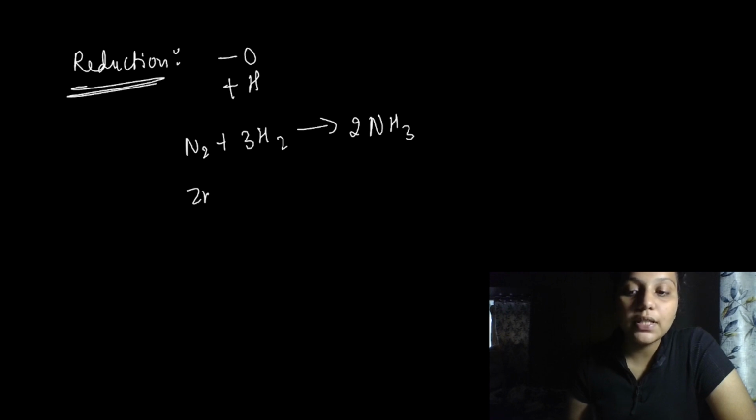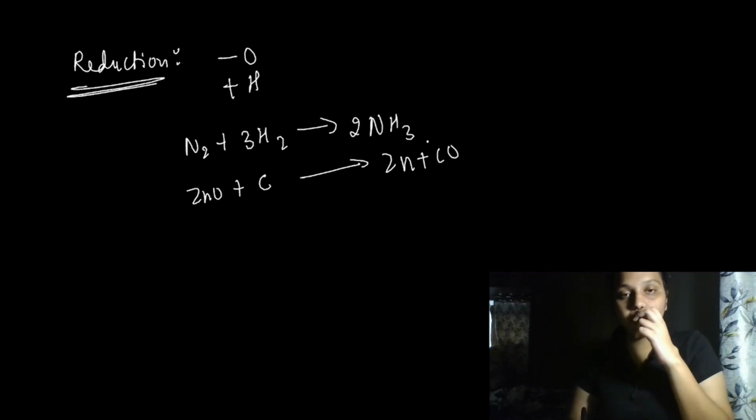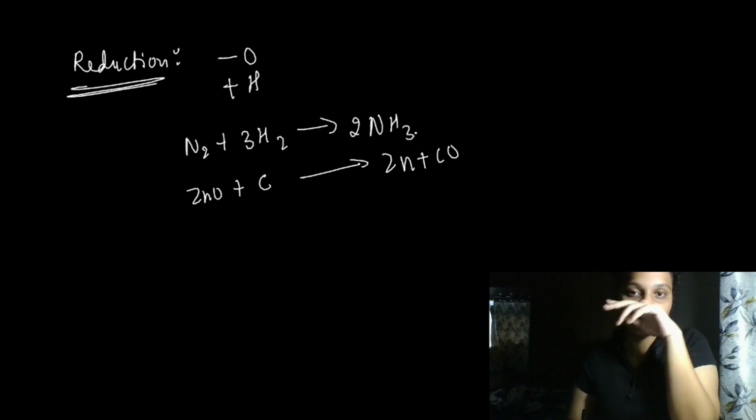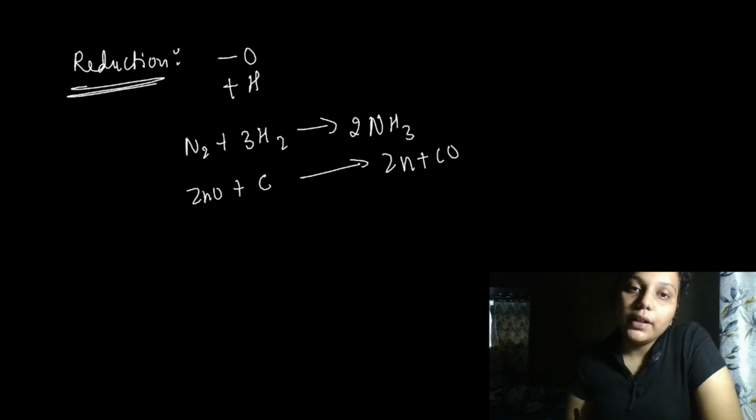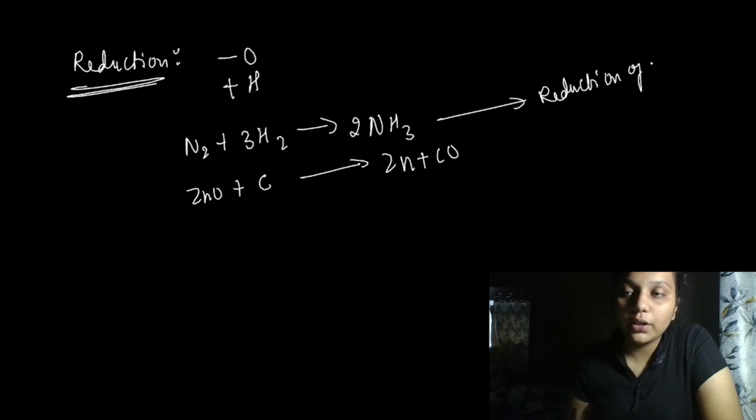And another example is ZnO plus carbon, that gives us Zn plus CO. So here we are adding the hydrogen to this nitrogen. So there is a reduction of nitrogen undergoing here. Reduction of nitrogen.